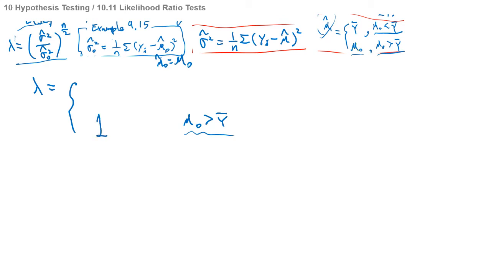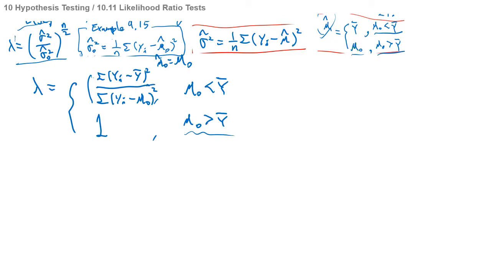So we have 1 for our lambda, and if mu 0 is less than y bar, then this value would be the sum of yi minus y bar squared divided by the sum of yi minus mu 0 squared.